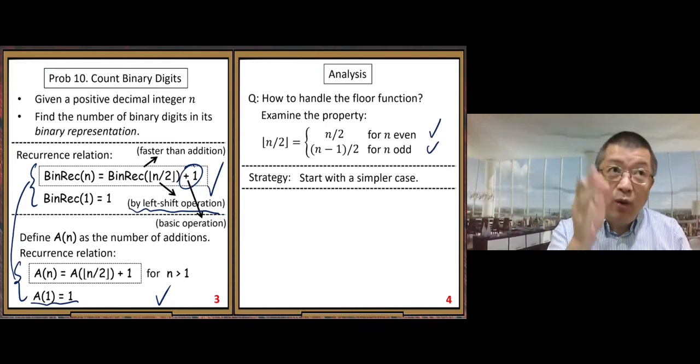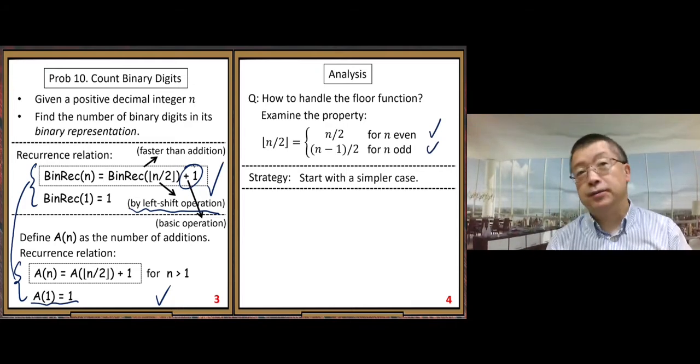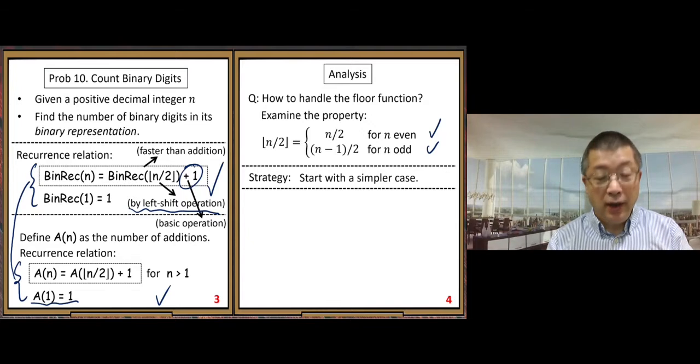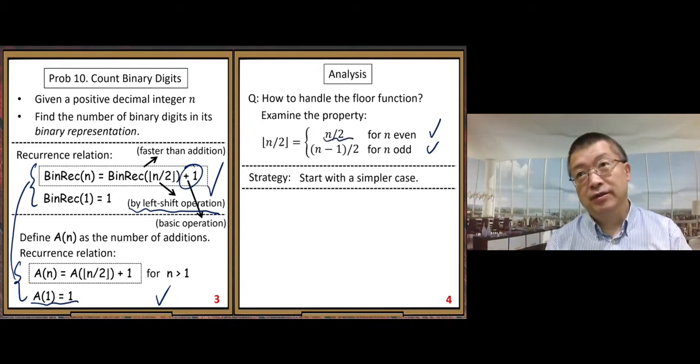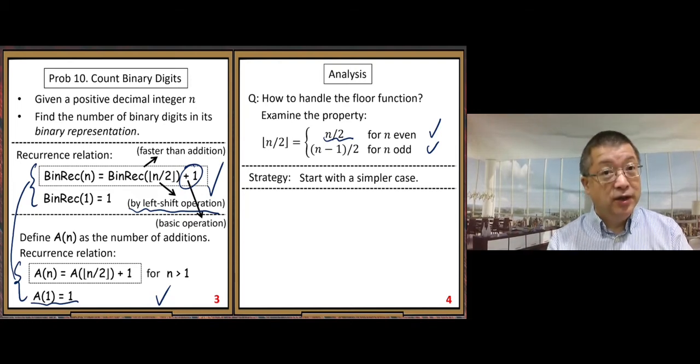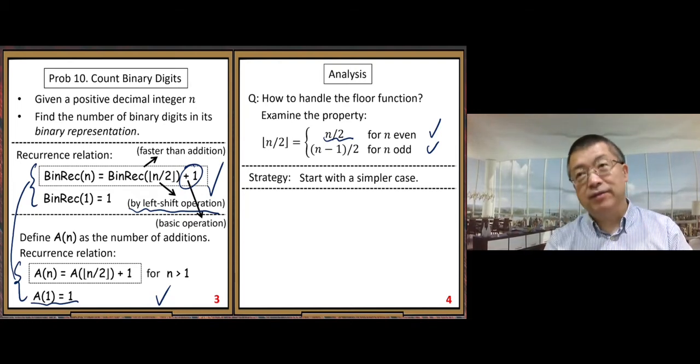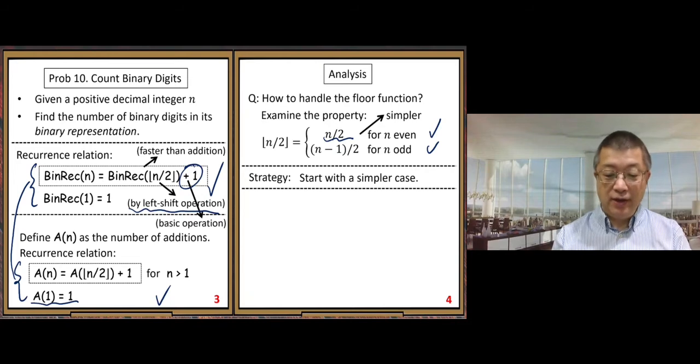Is the even case simpler or the odd case simpler? Even case is simpler, right? N over 2 directly. We do not need to do n minus 1 then divided by 2. So let's look at that case first.